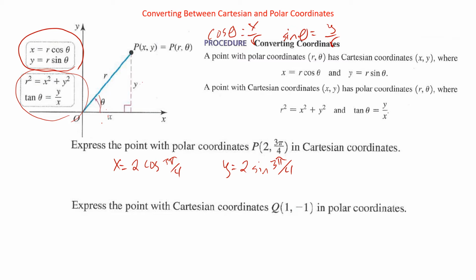Cosine, however, is going to be negative. So x would equal negative 2 times root 2 over 2, which is just negative root 2. And y would equal positive 2 times root 2 over 2, so root 2. So the point in polar 2 comma 3 pi over 4 in Cartesian would be negative root 2 comma root 2.